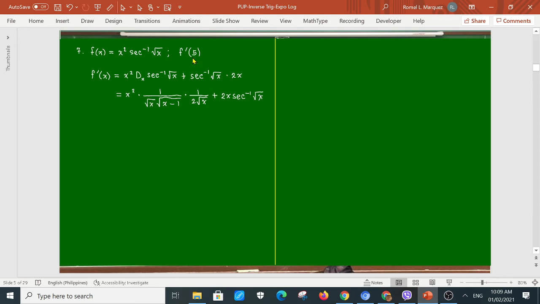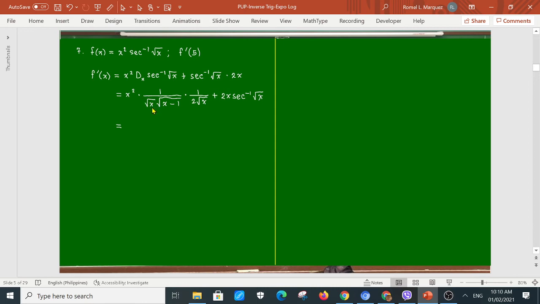Dapat pala, kung square root of 2 lang sana to, eksakto ang inverse secant. Ang inverse secant ng square root of 3 is pi over, let's see, kasi approximate natin ng calculator kung hindi eksakto.